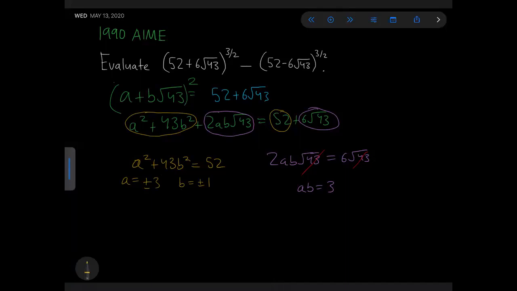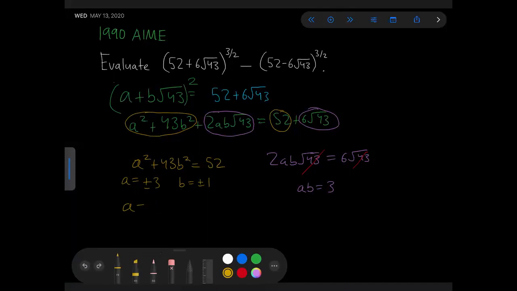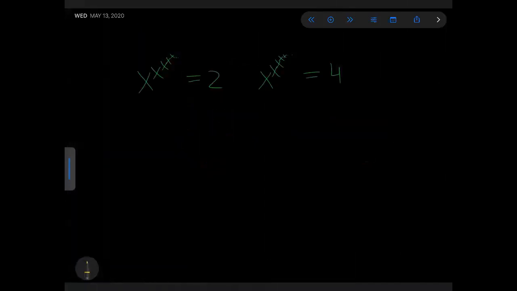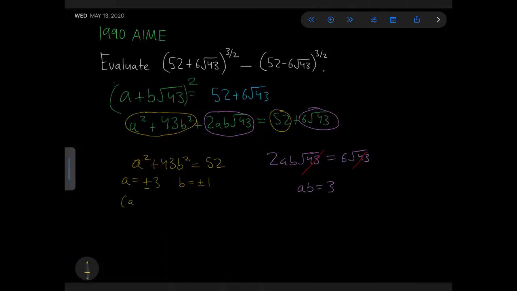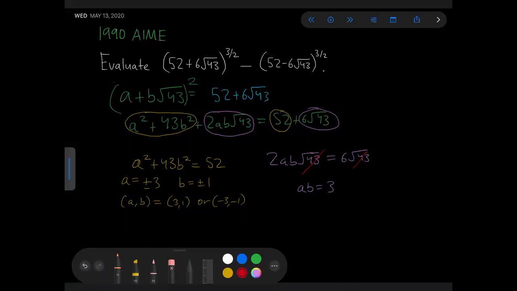If ab equals 3, then ab is equal to 3, 1, or negative 3, negative 1. And the latter, the negative 3, negative 1, you can just get rid of because the square root has to be positive, right? So ab equals 3, 1.